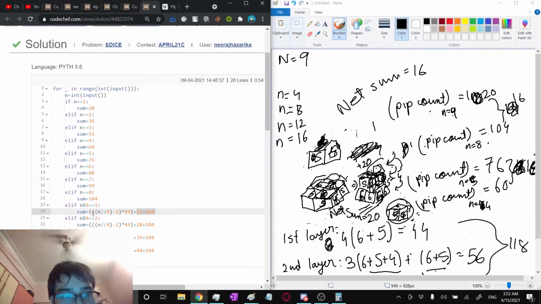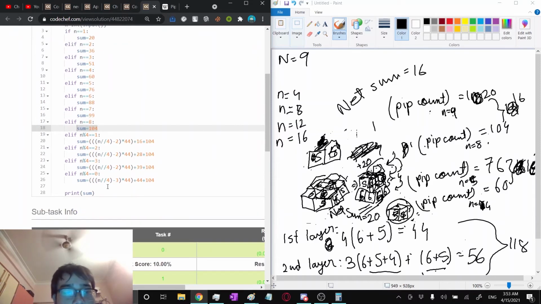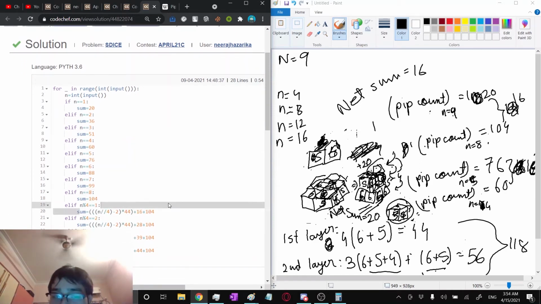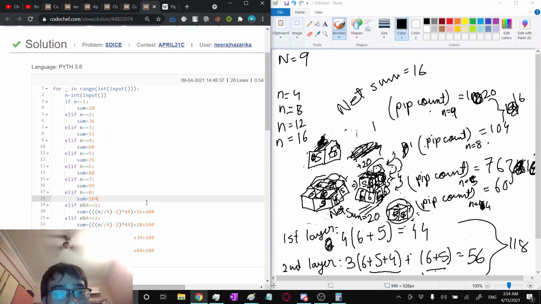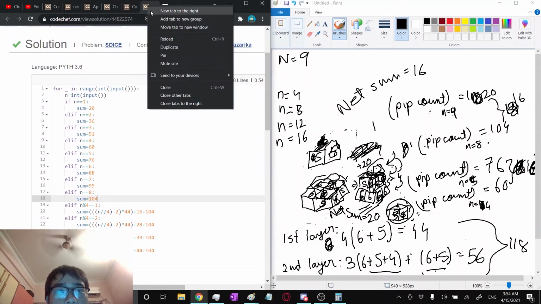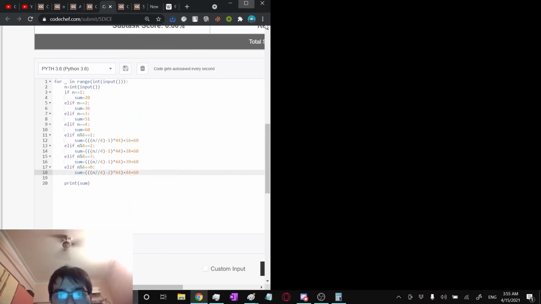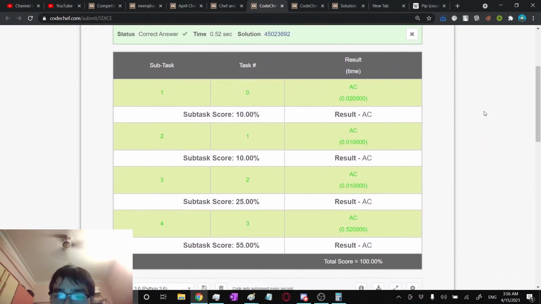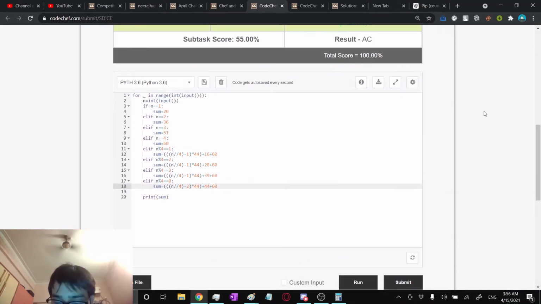But I noticed the pattern after doing if else conditions till n equal to 8. Then I noticed the pattern when I started doing n equal to 9. So yeah, I could have shortened the code. Let me shorten the code now itself. Let's try submitting it now. Yes, we got the correct solution now.